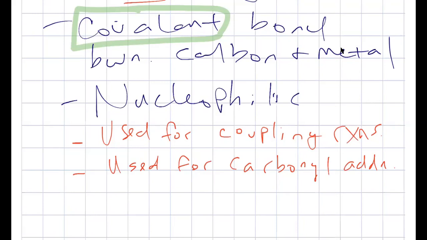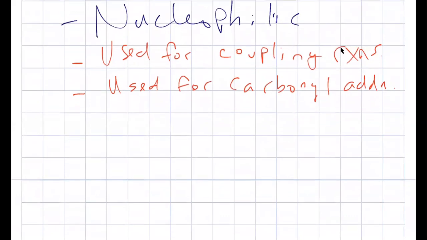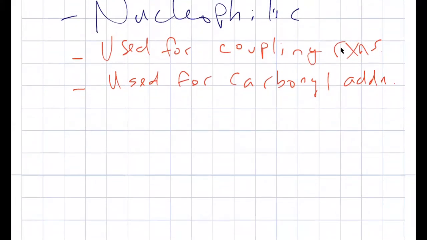But let me show you an example of a coupling reaction. And then I'm going to show you an example of a carbonyl addition. And then we're going to talk about the different types of organometallics. All right. If anybody is panicking about not getting a chance to write everything down, I'm recording the lecture and I'll save the notes and post them to Blackboard.